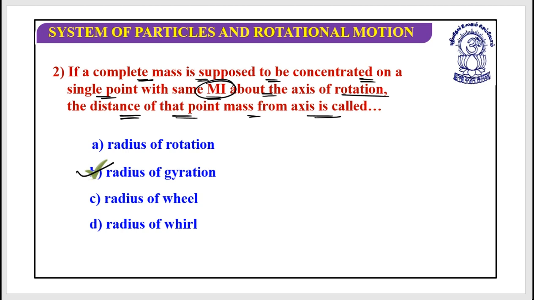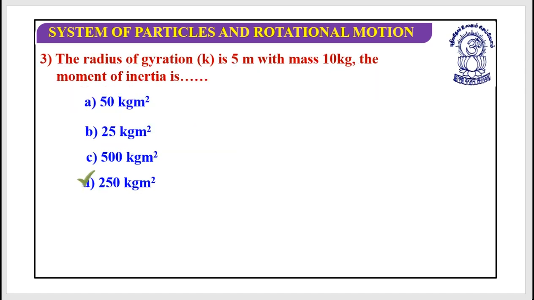If the complete mass is concentrated at a point such that the moment of inertia remains the same about the same axis of rotation, then the distance of that point mass from the axis of rotation is called the radius of gyration. I hope this is clear. Great. Let's work on the next question.